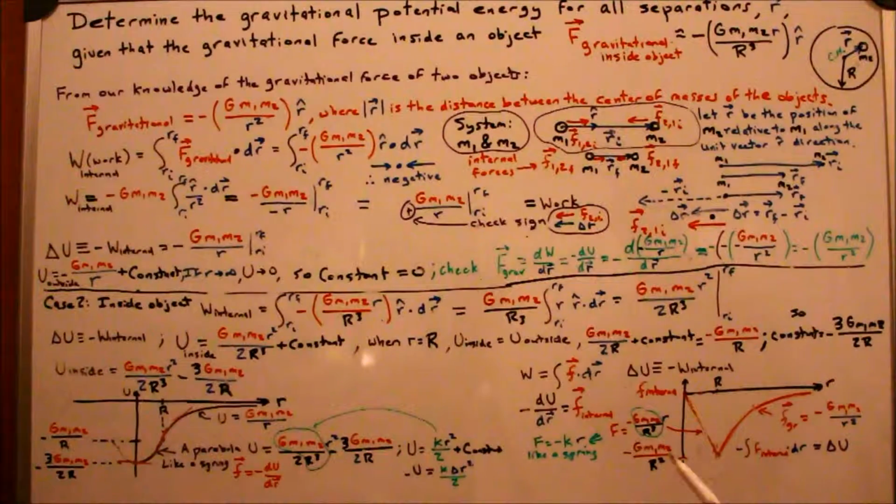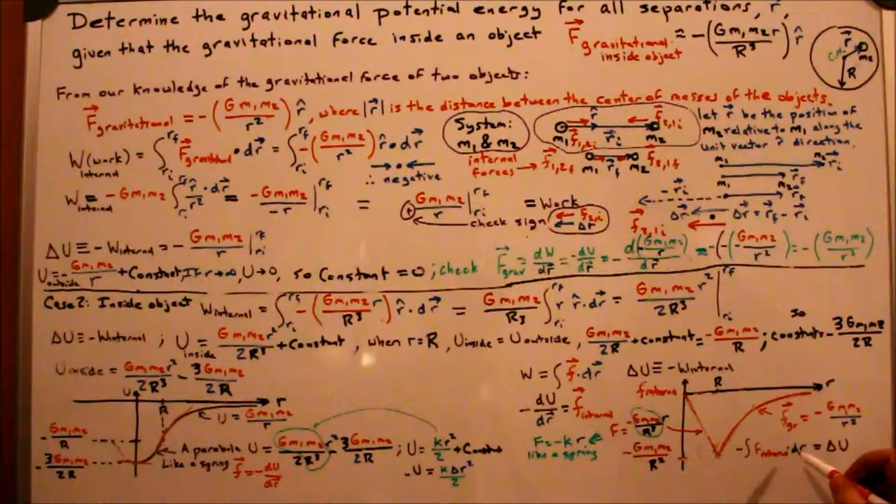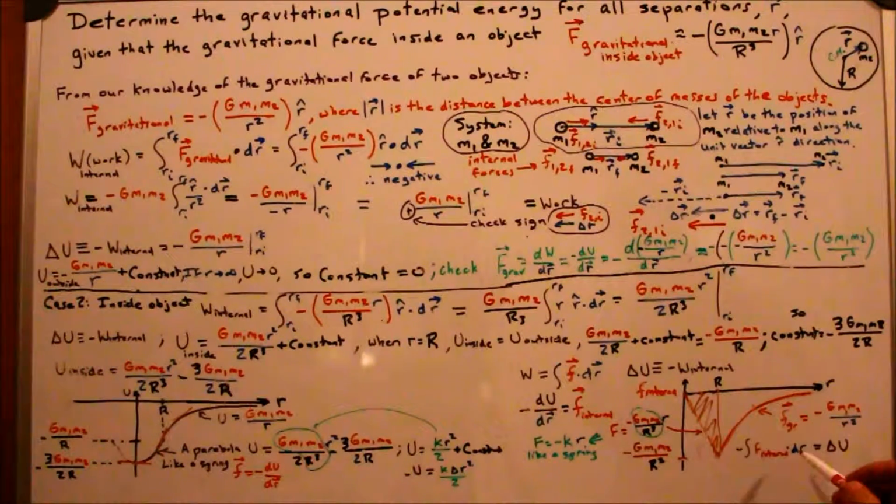So there's my force relationship, which is the same kind of information I can get from the slope right here. Work is the integral of this radial force dot radial displacement, and the change in potential energy is minus that integral. If I have any change from radius initial to radius final, the area under that curve, the integral, with a minus sign, is the change in potential energy. So this minus area is a positive value.